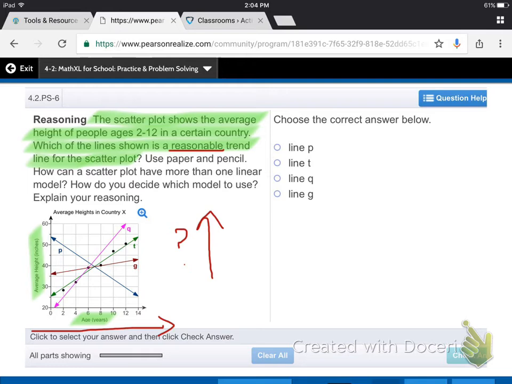But there's a certain line that represents the data by going through the middle of it better than any of the others. I think it's this one right here. Do you agree? So what line is that? That is line T.